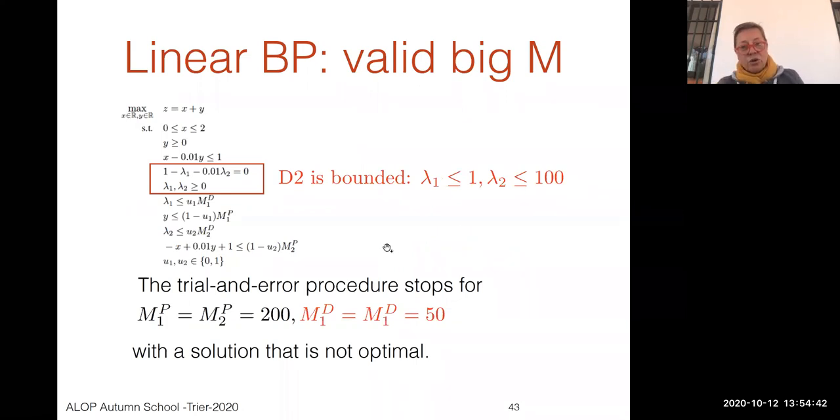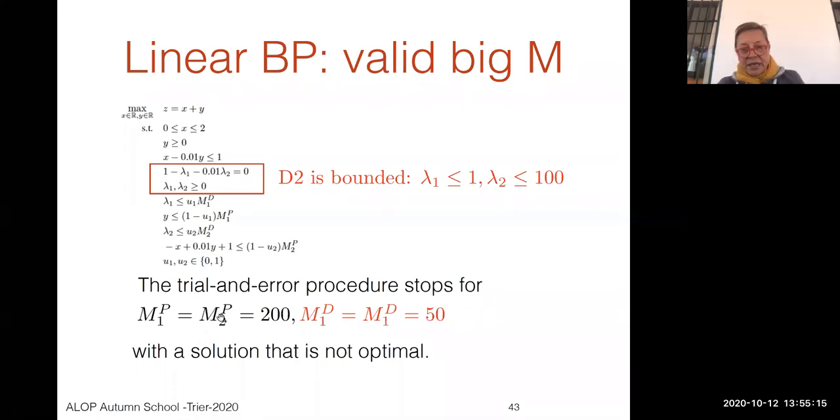Now, they show in this example that if you take big M's with the following values, so this is for the primal, so far so good, but for the dual, you take a value that is smaller than the maximum value that lambda 2 can take.